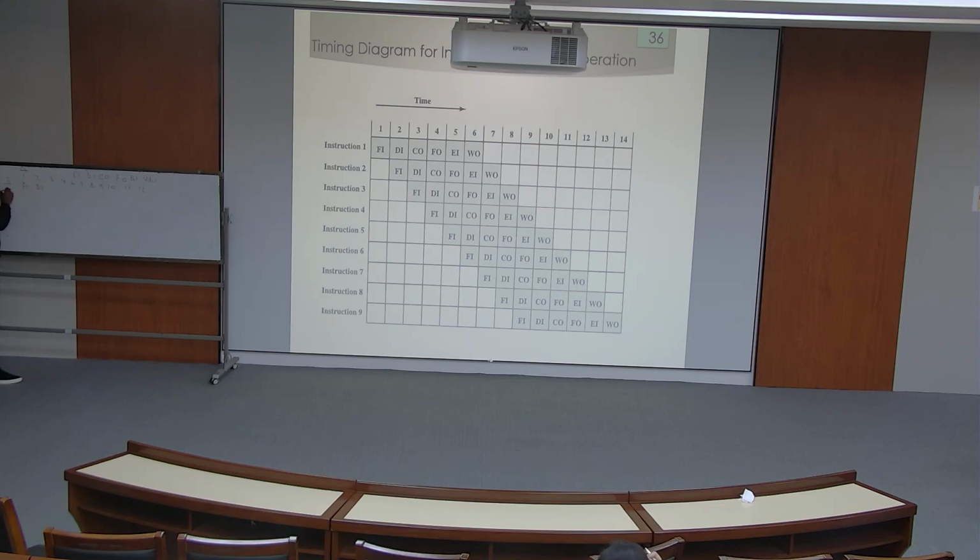Then instruction number 1 goes to the calculate operand stage, instruction number 2 goes into decode, and instruction number 3 starts instruction fetch. Then we have fetch operand for instruction number 1, calculate operand for instruction number 2, and instruction number 3 starts its decoding stage.